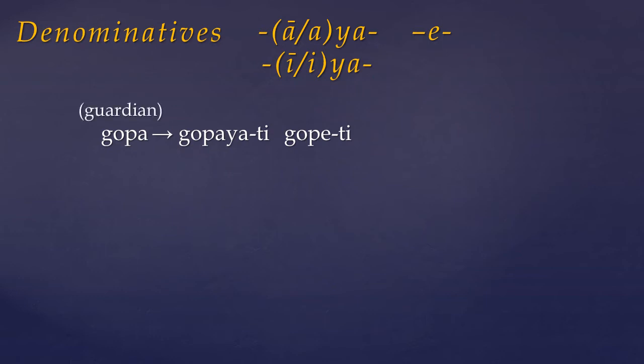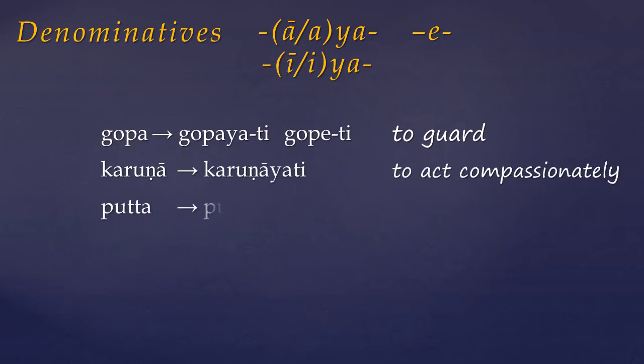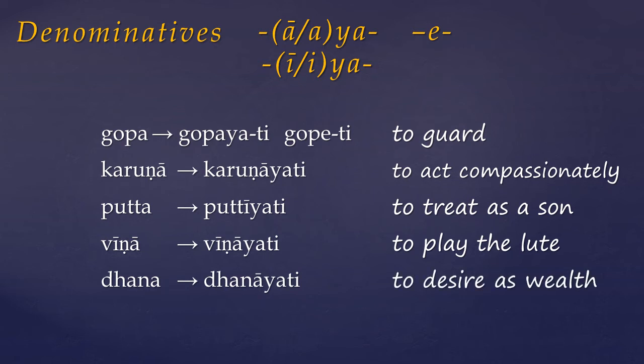So from a noun or adjective, we get a verb, and these can then be inflected to any tense or mood as normal. The meaning of such derived denominatives can generally be taken as to act like or become like, to treat as, to use or play, or to wish for or desire like.